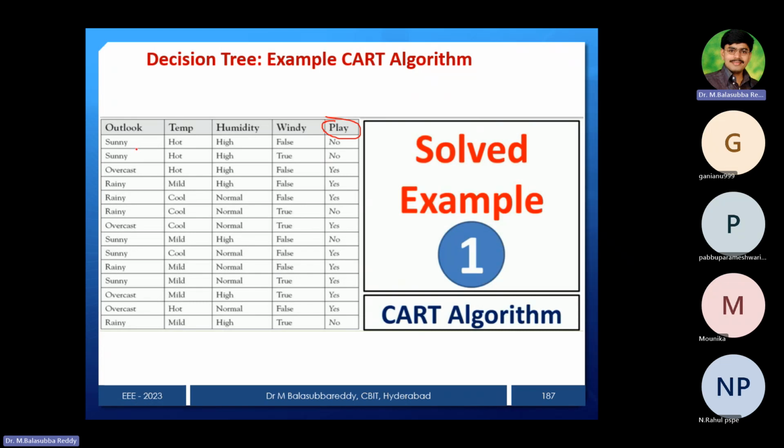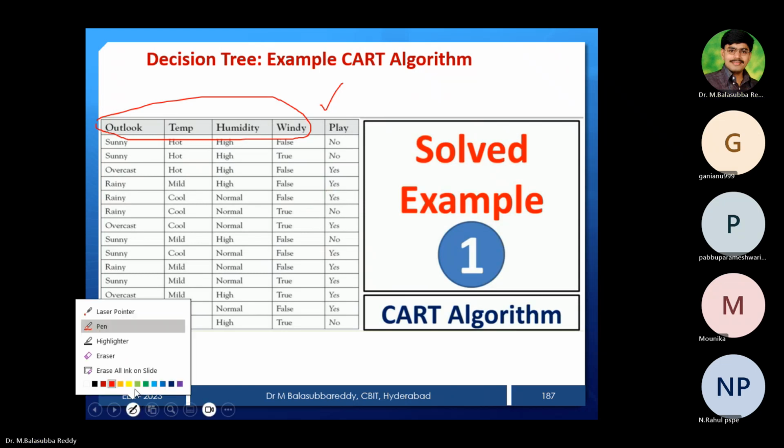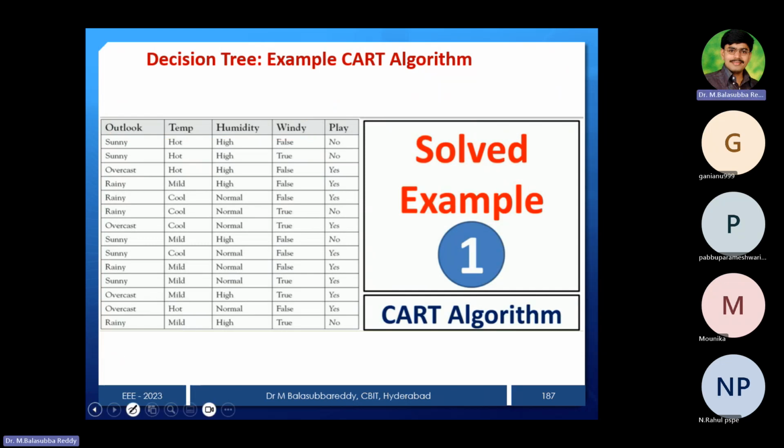We can observe that our decision is whether I have to go for play. It may be cricket or tennis or whatever it may be, depending on the surrounding conditions: whether we want to go or not, to play tennis or cricket or not. Using a decision tree, the CART algorithm is used.